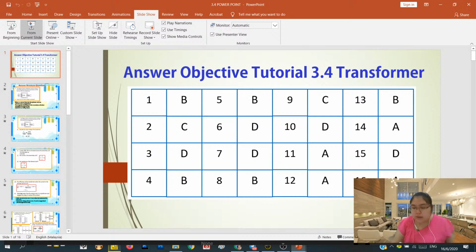Please go and check first, 1 until 16. If you really do not know how to solve the question, you can PM me and I will teach you how to do the question.